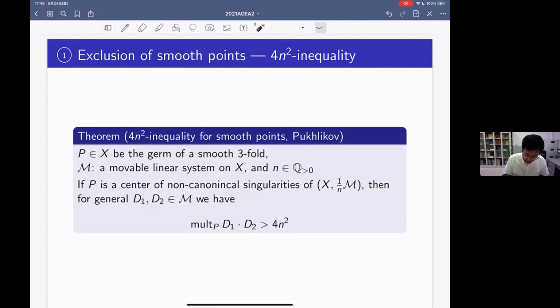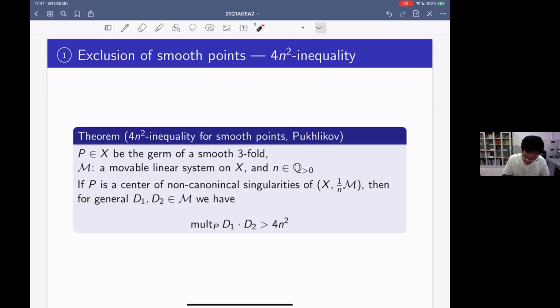This is in a general setting. Let P in X be the germ of a smooth threefold, and M a movable linear system, that is, a linear system without base divisors on X. In this case n is arbitrary, a positive rational number.